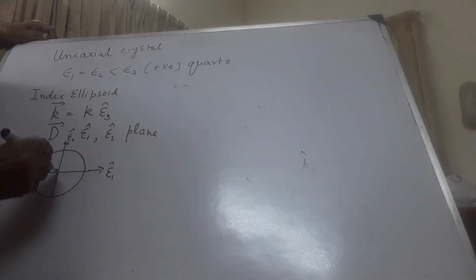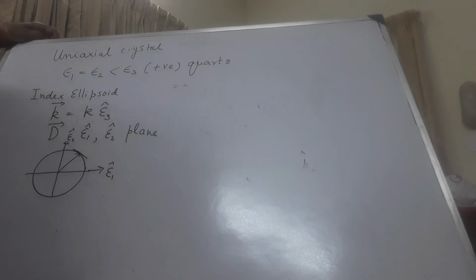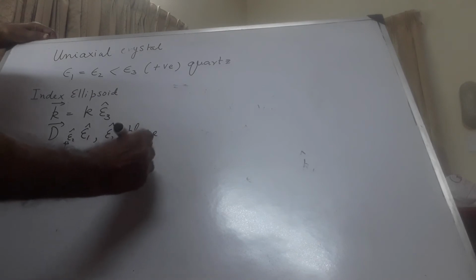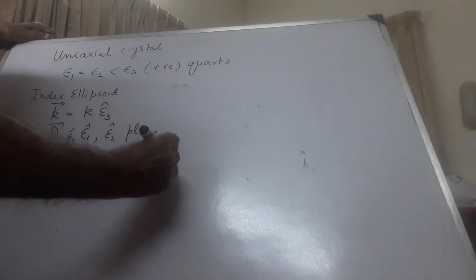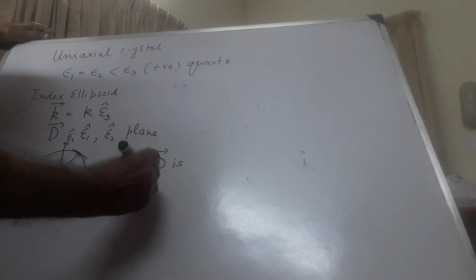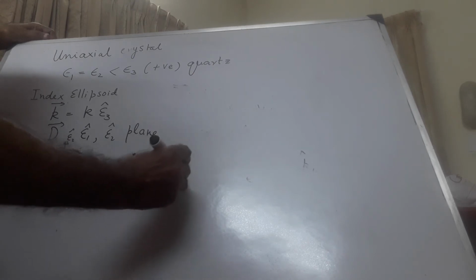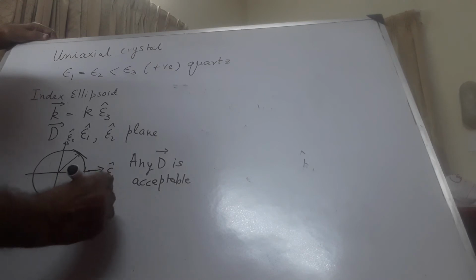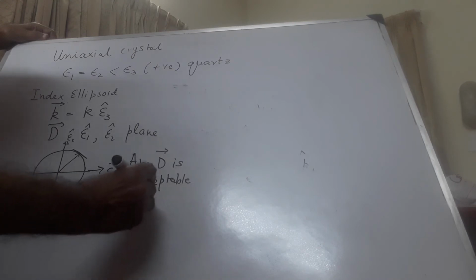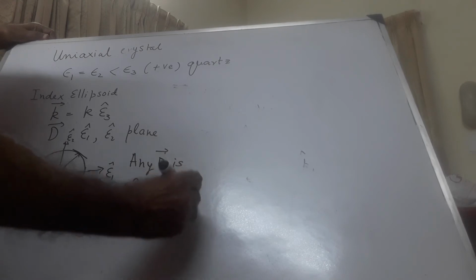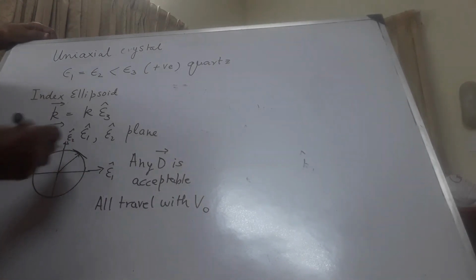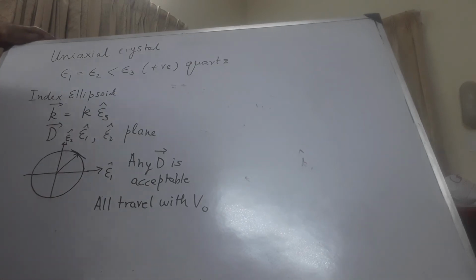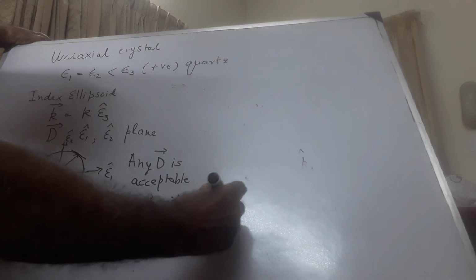Now, any D will be allowed. If I take a D in this direction, the tangent to it is normal to D, and E will be along the same direction as D, so any D is acceptable. All of them will have the same velocity, all travel with VO, because this length is root epsilon 1 or root epsilon 2, same as that, and root epsilon 1 is related to VO, which is equal to C by NO.